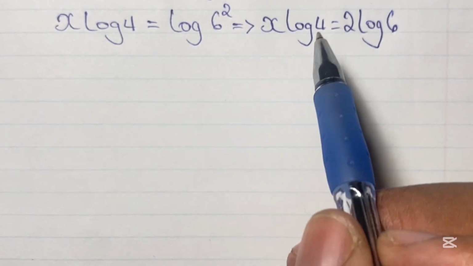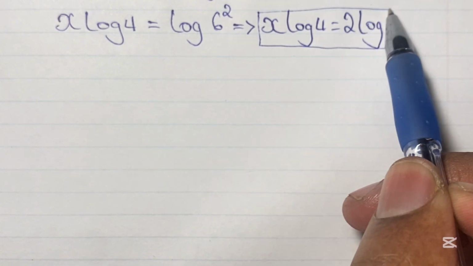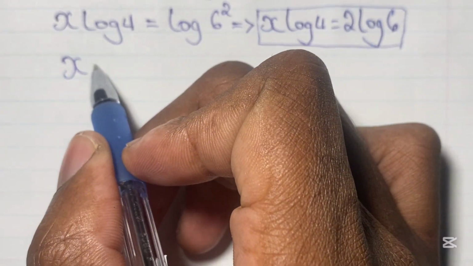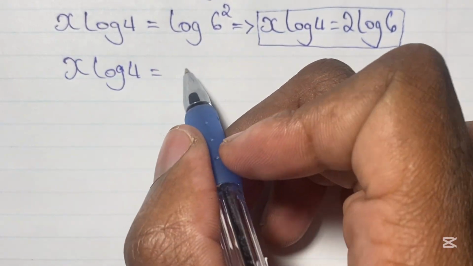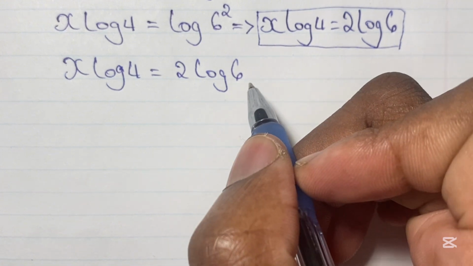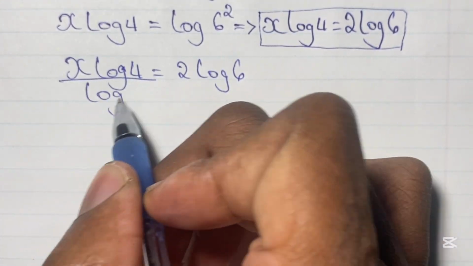So at the moment we have x log 4 is equal to 2 log 6. Now from here we are about to solve our equation by finding the value of x. So we solve for x by dividing both sides by log 4.